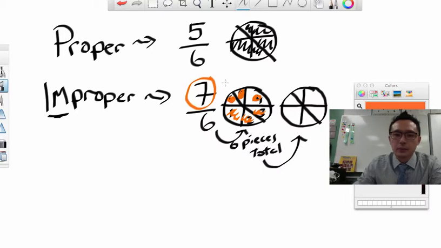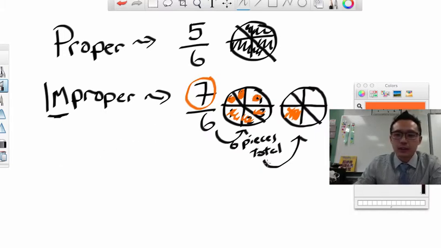The top numerator number is telling you how many pieces you have: 1, 2, 3, 4, 5, 6, 7. The bottom number is how many total pieces are in your pizza. I know it's a little bit confusing.